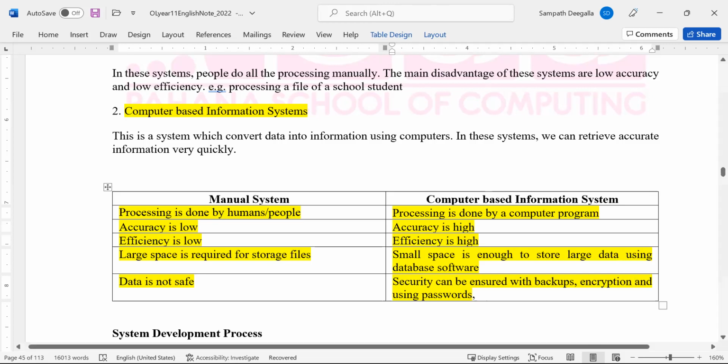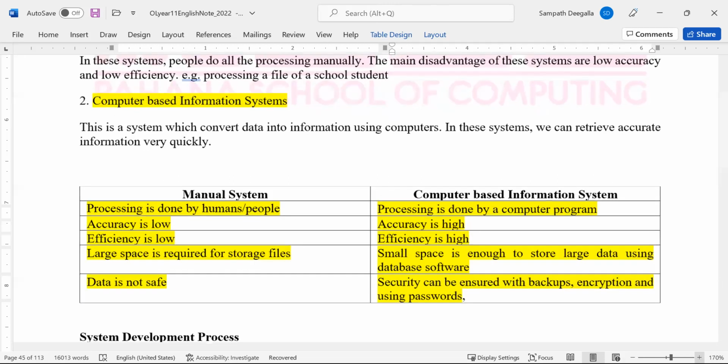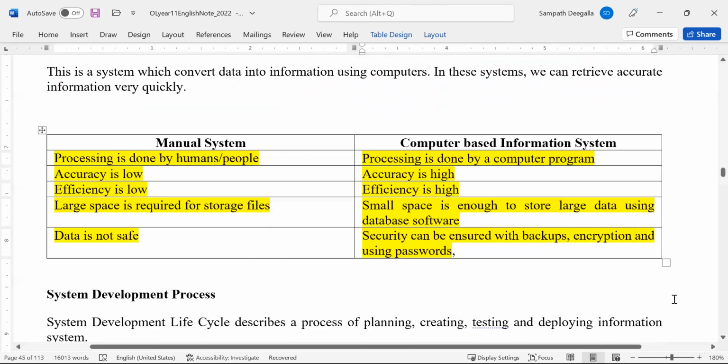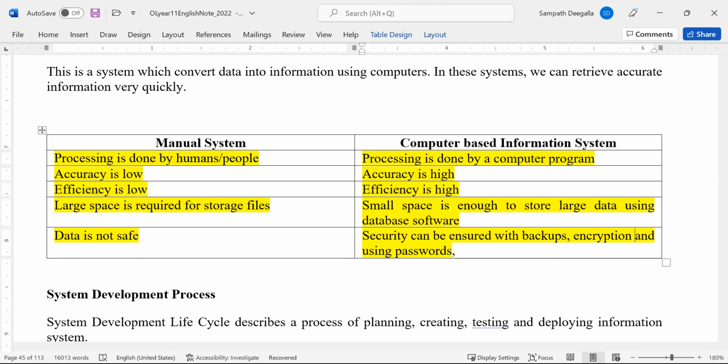Okay, as the next one, I would like to look at what the system development process is. Now, when you talk about the system development process, we will talk about the system development life cycle, right?